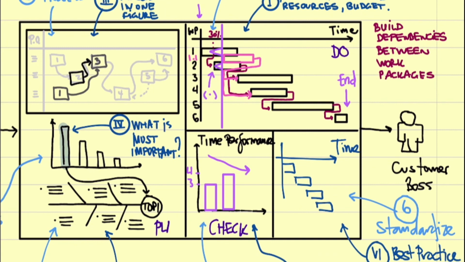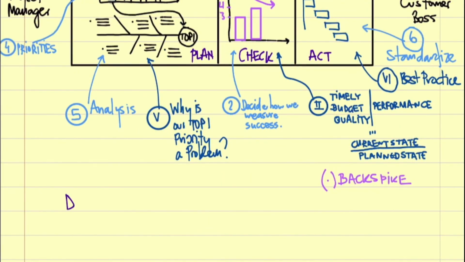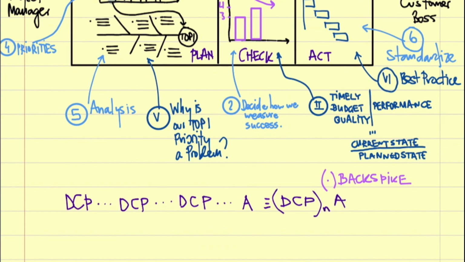And this is called Act. So we start with the Do, DCP, DCP many times until we get to our A. That's why we call this DCP n times A.